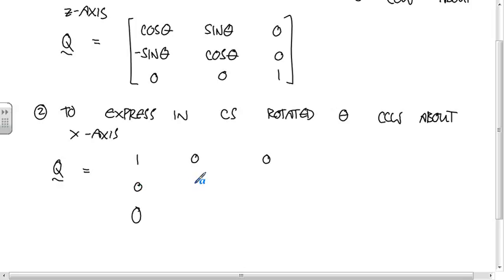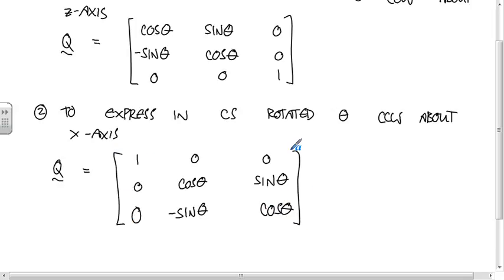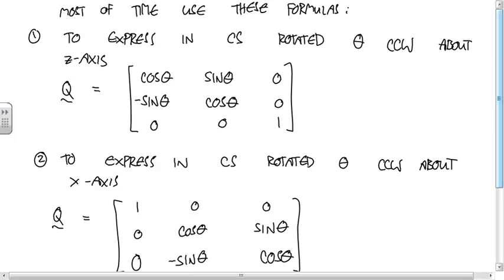And then the second row is 0, cosine of theta, sine of theta. The last row is 0, negative sine of theta, cosine of theta. Yeah, they're both counterclockwise. Everything's according to the right-hand rule. So counterclockwise if your thumb is in the direction of the axis.